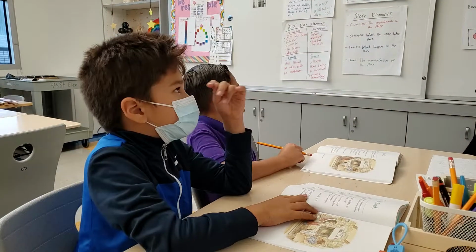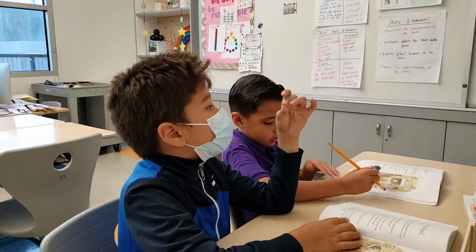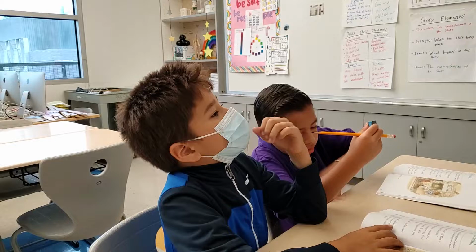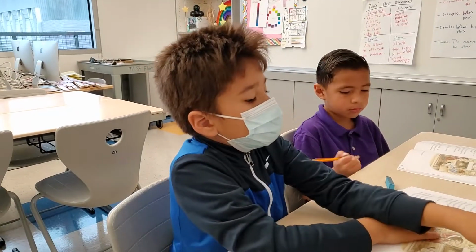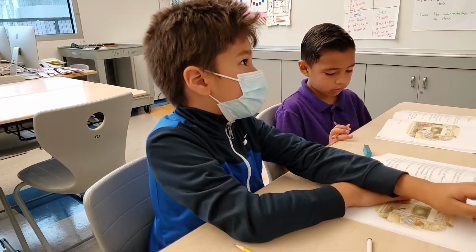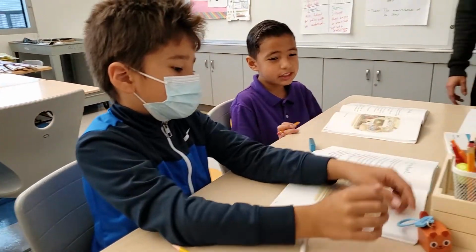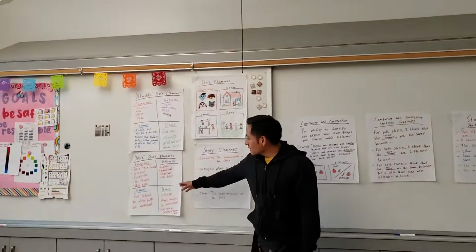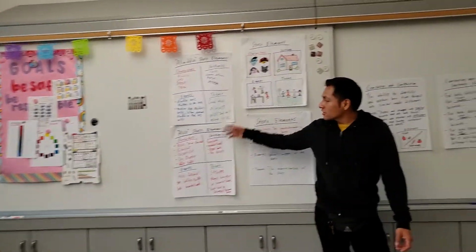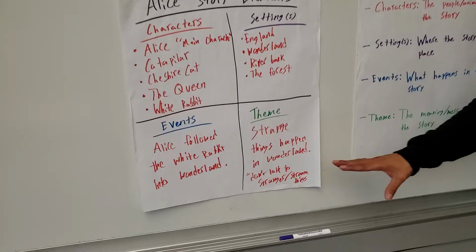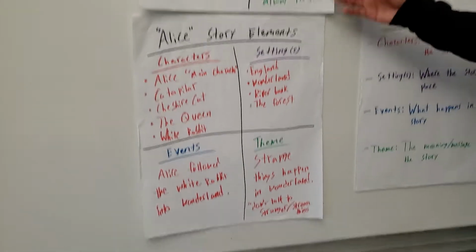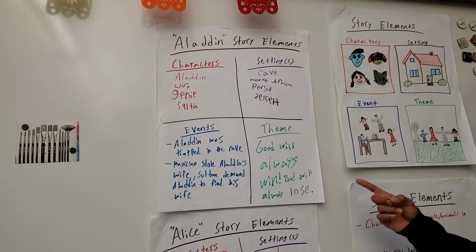And for Aladdin, I think it was even good, but in Alice it was really crazy and odd. I remember in our entry charts, our theme for Alice was strange things happen in Wonderland, and then in Aladdin we put that good will always win and bad will lose.